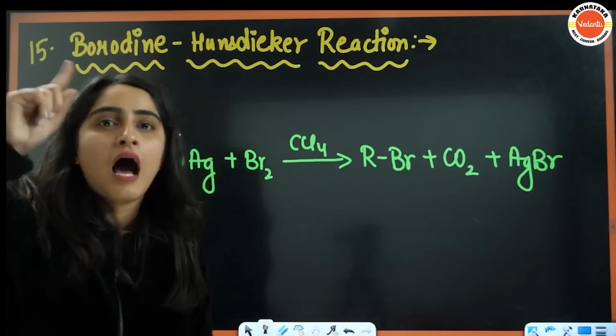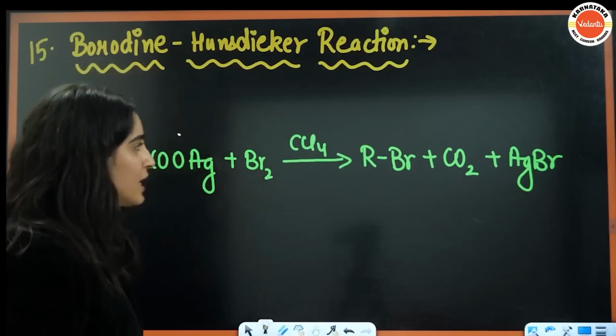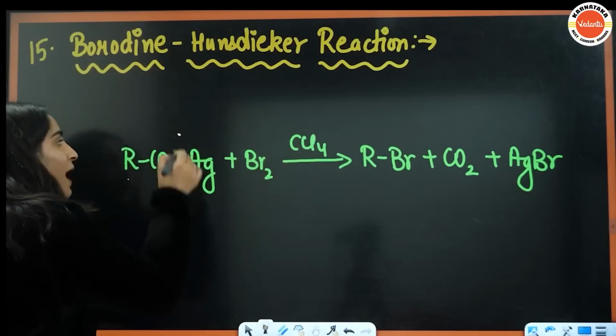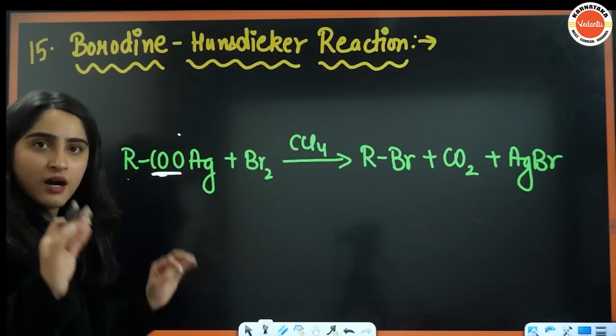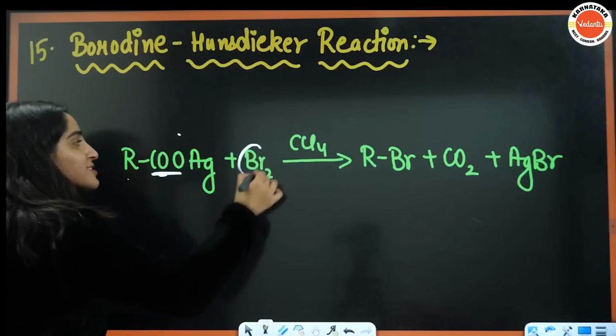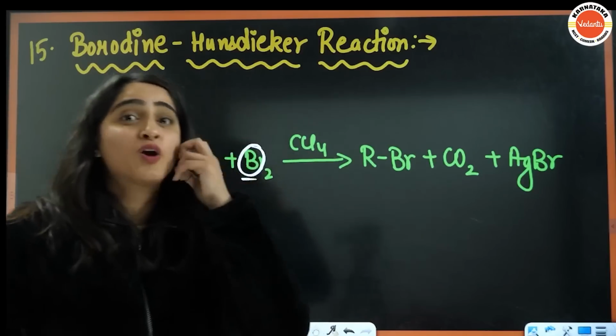In that reaction, the alpha hydrogen is replaced. I'll also take that reaction as well. Here, in presence of Br2 and CCl4, CO2 goes out, AgBr goes out, and this Br is attached here. This is RBr.